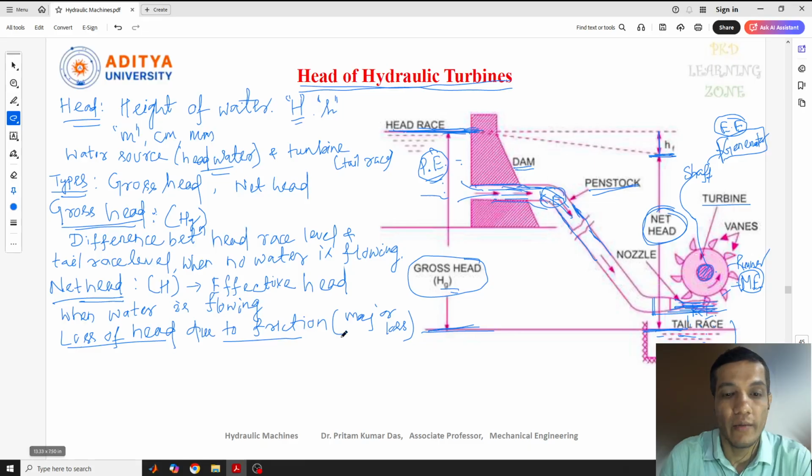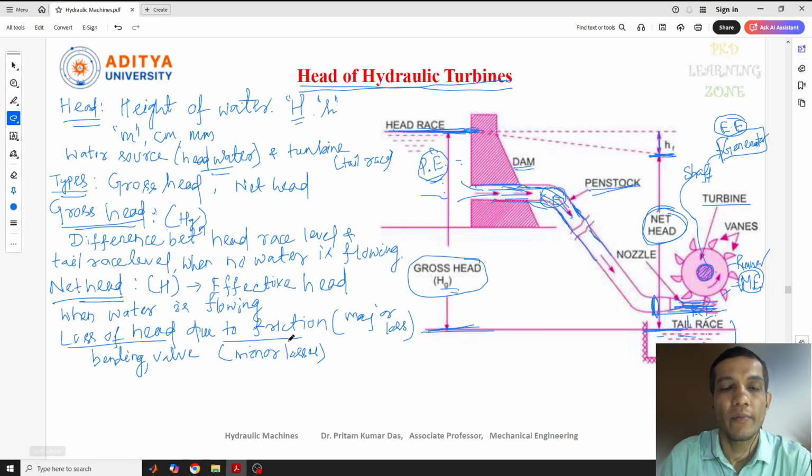Minor loss is due to bends in the pipe, and valve fittings used to control the fluid flow. These come under minor losses.